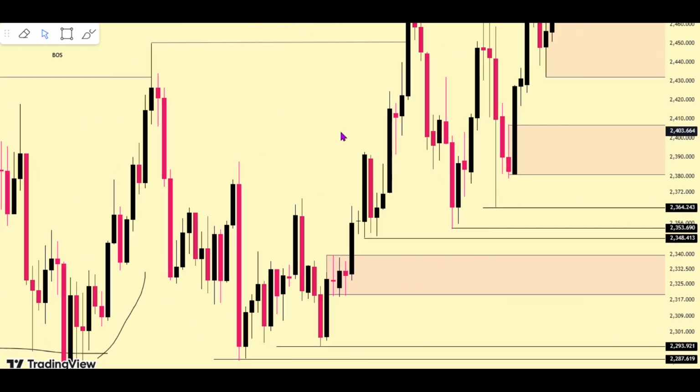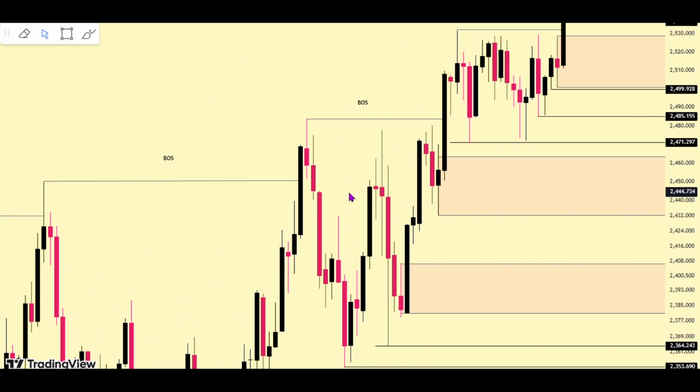Okay, so the idea is that try as much as possible to always identify liquidity in the form of double top, liquidity in the form of doji candle, liquidity in the form of double bottom, trend lines. You are good.